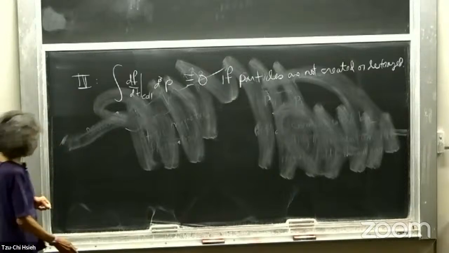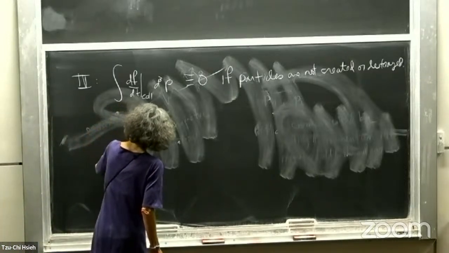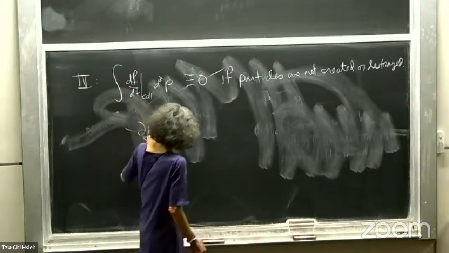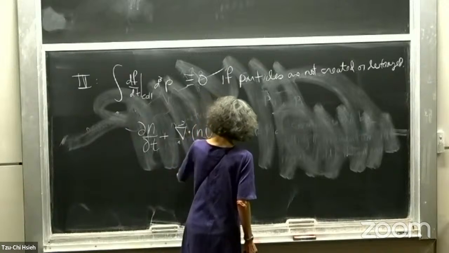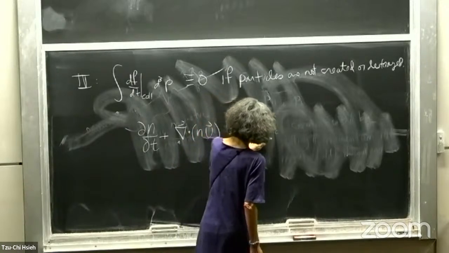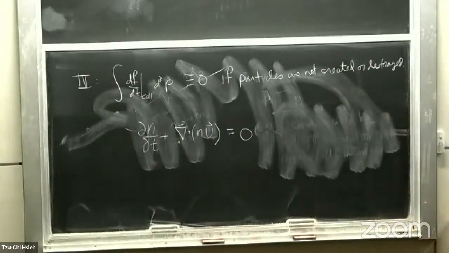And so what we're left with is partial n, partial t, plus the divergence of nu is equal to 0, assuming that particles are not created or destroyed. And that's just our equation of continuity.